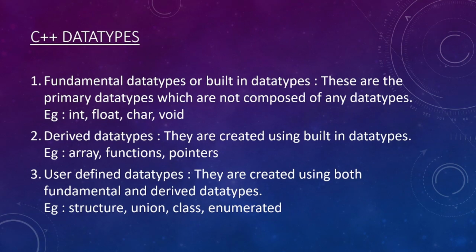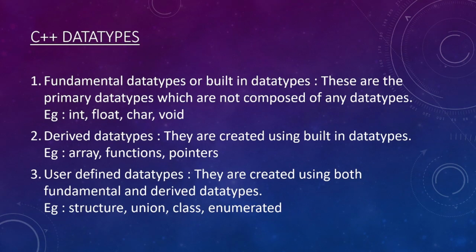Arrays are made from int, float. You can take any data type, but you are creating another data type through the basic or the fundamental ones. That is nothing but your derived data type. Fundamental data type is your sugarcane. I am telling this for your understanding, so please understand the concept. Sugarcane is the basic one, it is the initial product, and sugar is my final product, that is nothing but derived product.